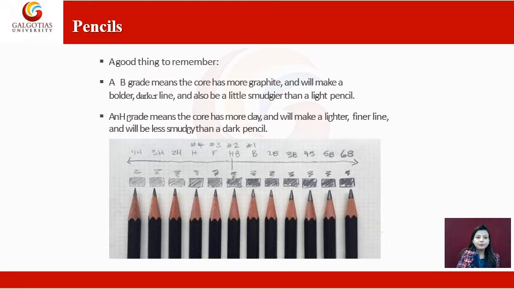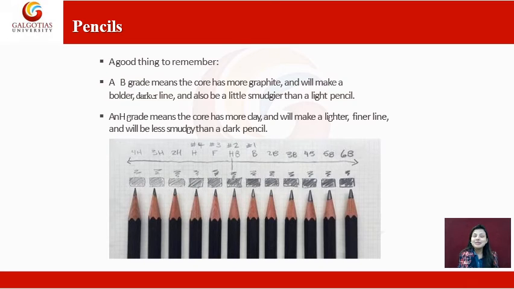So, as I said before, a B grade means the core has more graphite. As you see in this figure, this is the 4H, 3H, 2H, H, F, HB, B, 2B, 3B, 4B, 6B, 5B. So the B grade has more graphite and will make a bolder, darker line and also be a little smudgier than a light pencil.